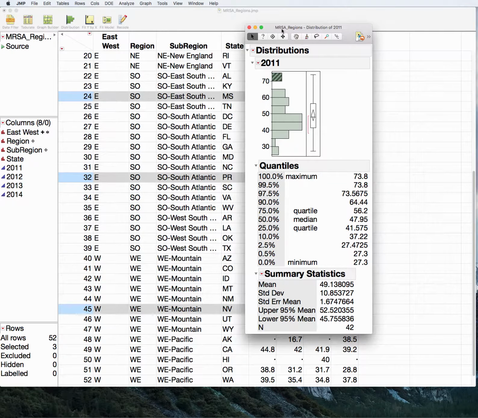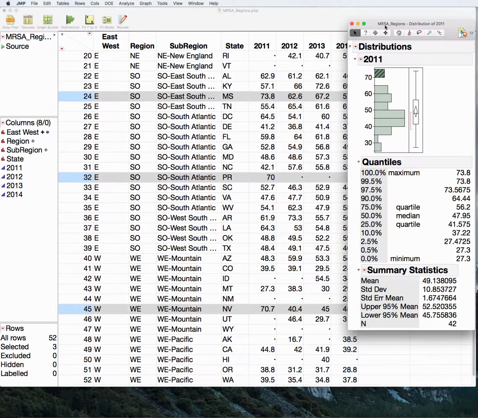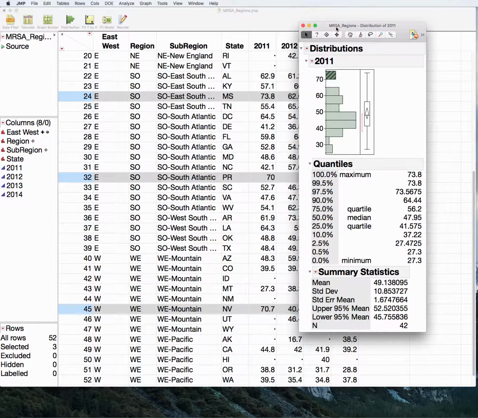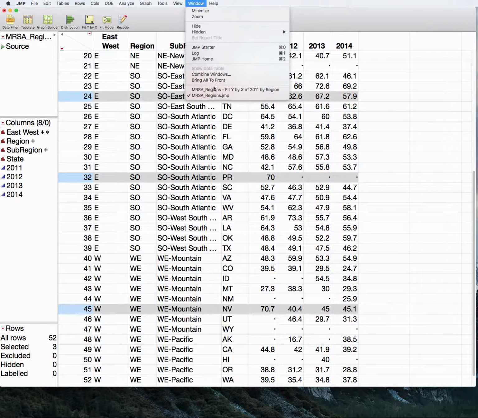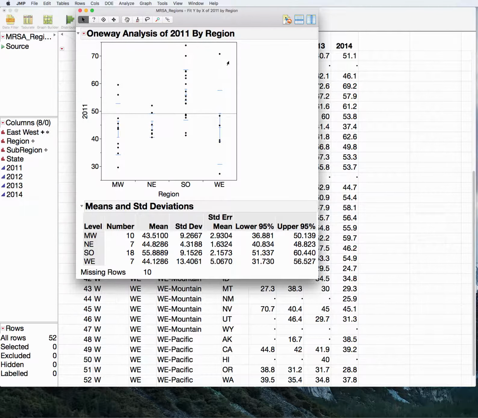There are 3 values that are 70 or higher in the data set, so you should not automatically assume that data point is erroneous or is an outlier. It just happens to be an outlier for that region. You can see that there are points right here in the southern group as well.